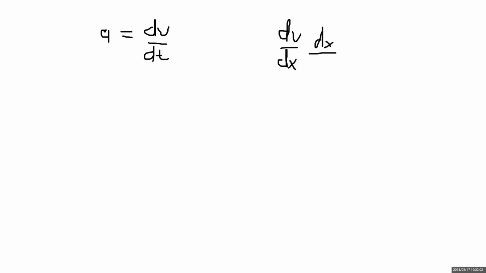I can still do this even though I am using differentials. These are not zero, they're infinitesimally small. This is the same thing as A over C equals A over B times B over C. Okay?